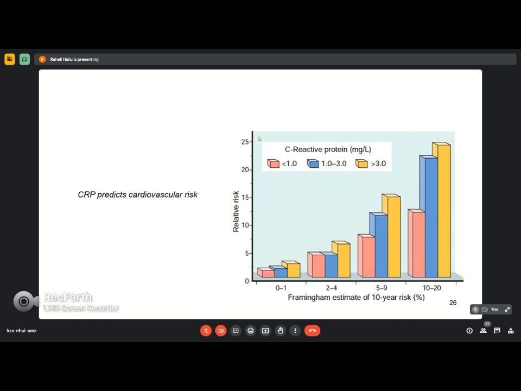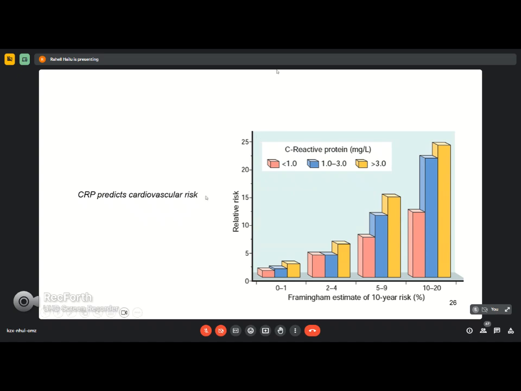The Framingham study is a landmark study evaluating the risk factors for atherosclerosis. If you're interested, you can go study that. And it has this very beautiful graph where it predicts the 10-year, even 20-year risk of cardiovascular diseases for people who have atherosclerosis predisposition.